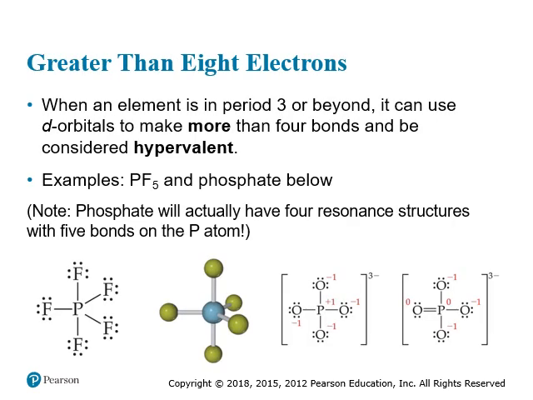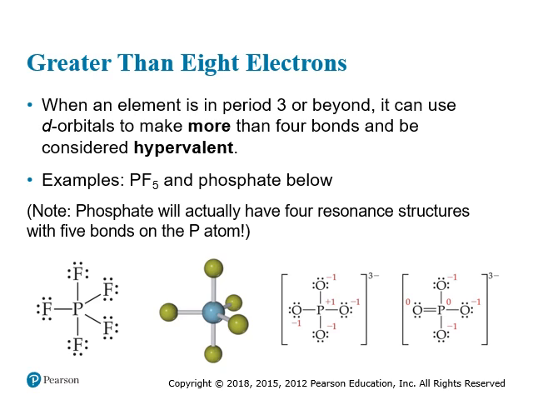The final exception to the octet rule lies in ions or molecules that have more than 8 valence electrons around the central atom. This can occur when the element in question is found in period 3 or beyond. In periods 1 and 2, we will not see this type of behavior, but we can see it beginning with elements in period 3.